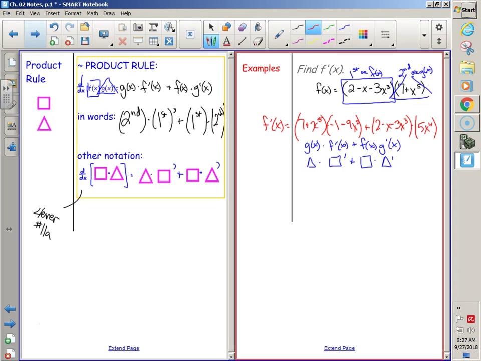Now, in essence, are you seeing in this rule that we really are getting one big binomial? We're really having one big expression plus another big expression. So if there was ever to be a greatest common factor, if anything was ever to match, we would try to pull that out from the whole thing, kind of like grouping.